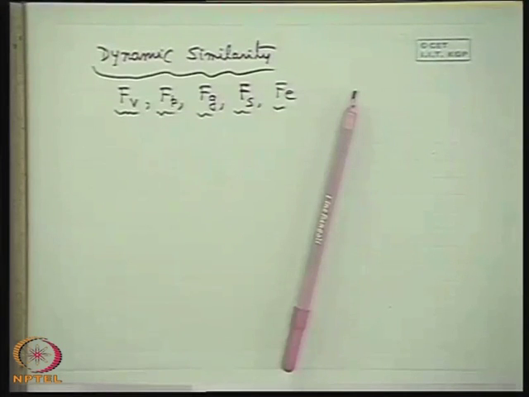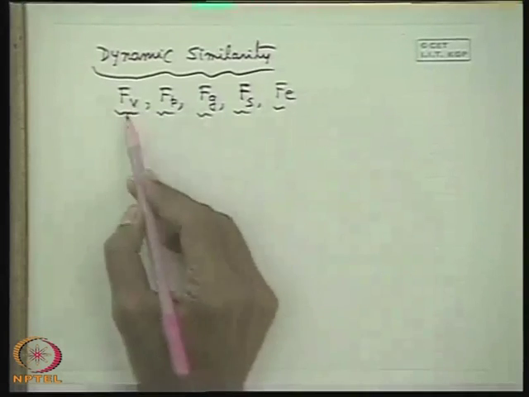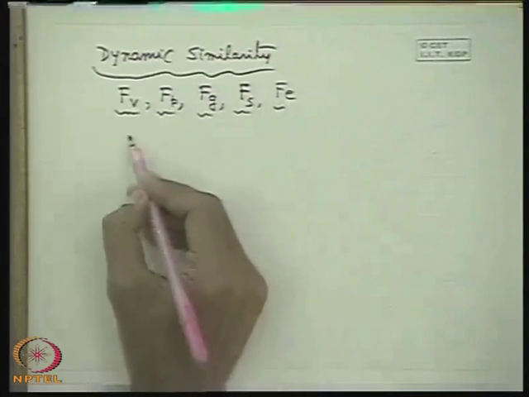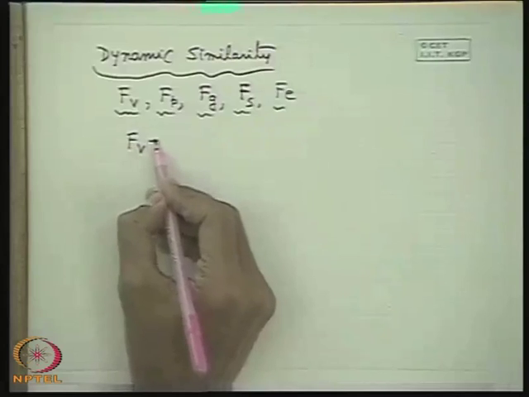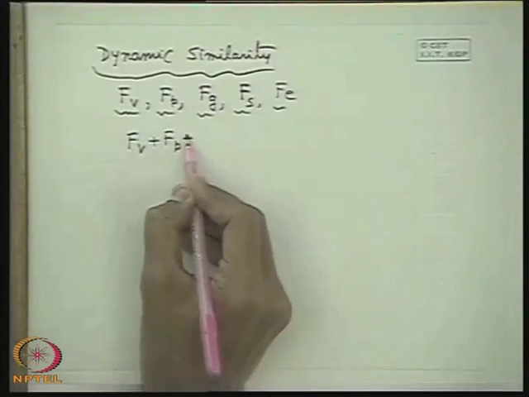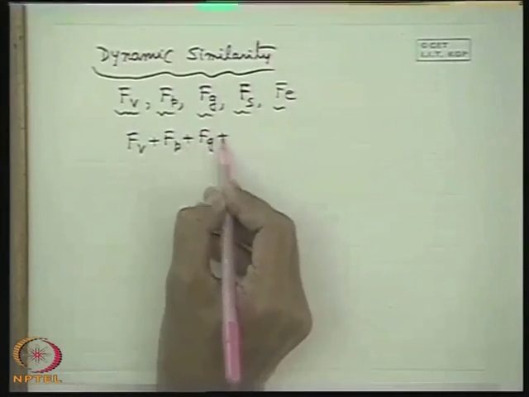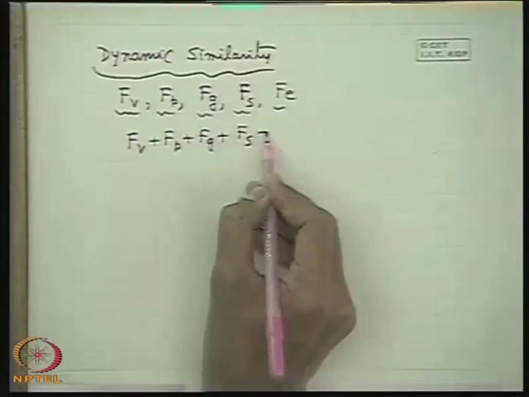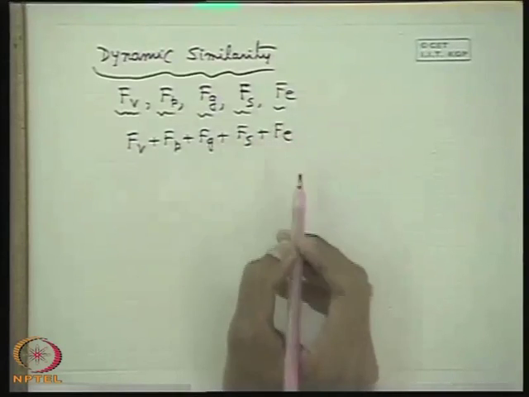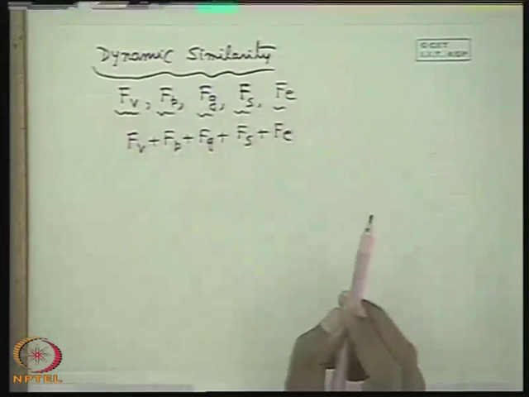But if we consider in general a fluid flow which is being dominated or caused by all the forces, then we consider the sum of all these forces. Though in practical situations all the forces are not dominating.